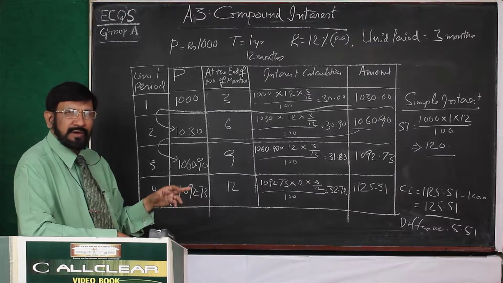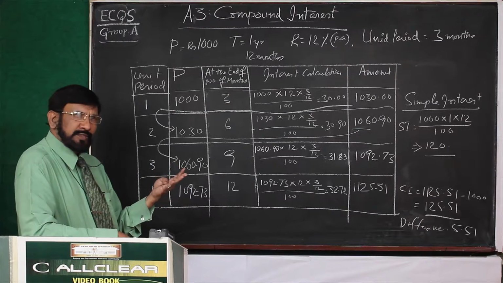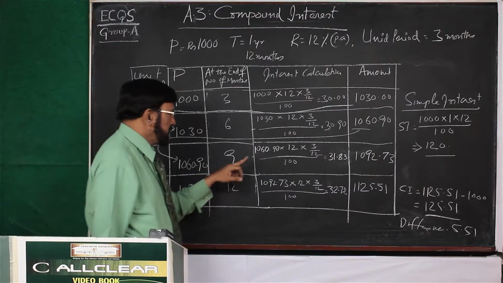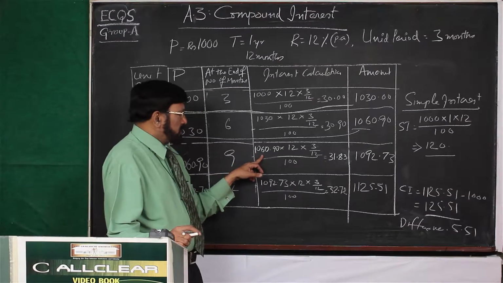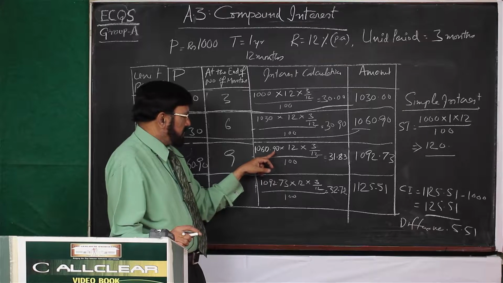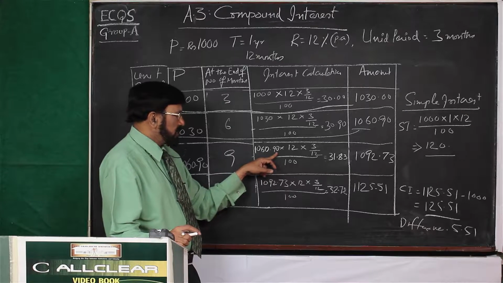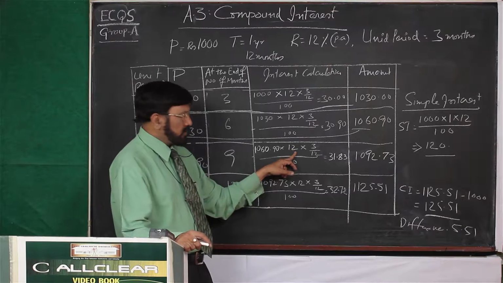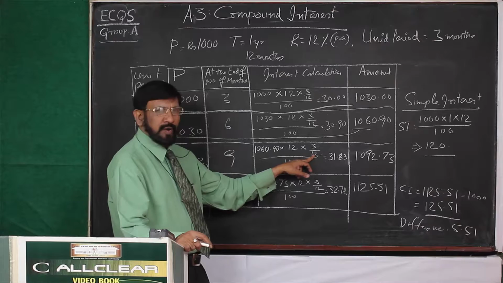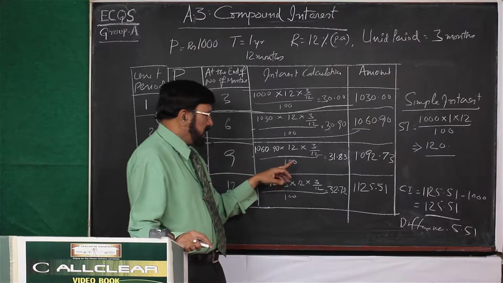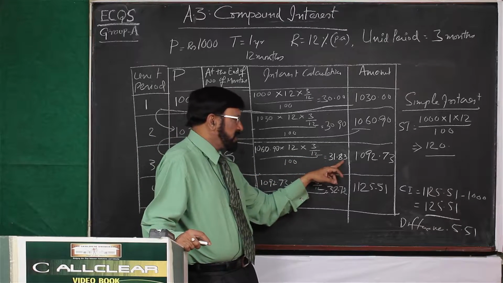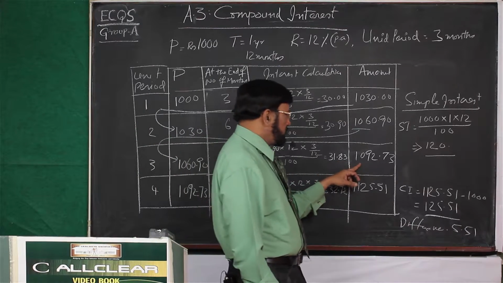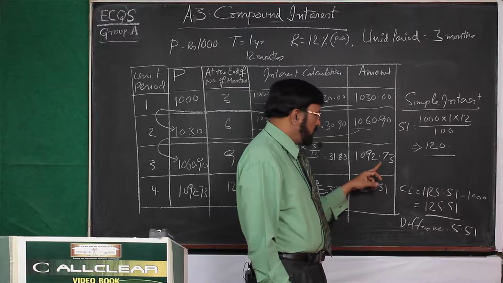the third unit period. The third unit period consists of the 7th month, 8th month and 9th month, up to the 9th month. Now you see 1060 rupees 90 paise, time 3 months out of 12 months, rate 12%, and by 100, this is 31 rupees 83 paise, then the amount is 1092.73.